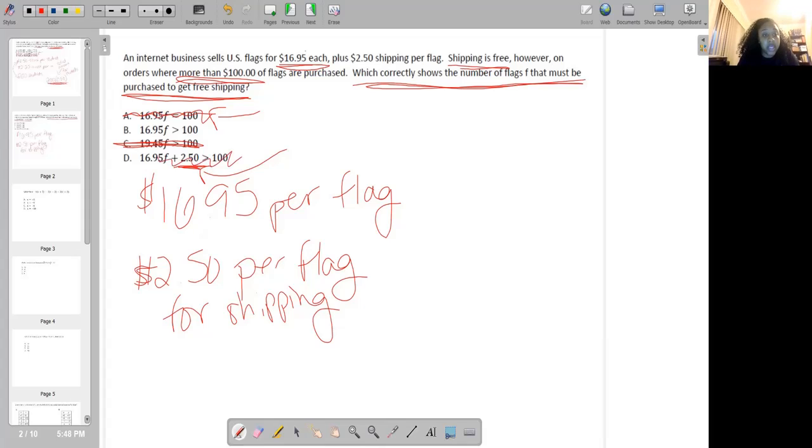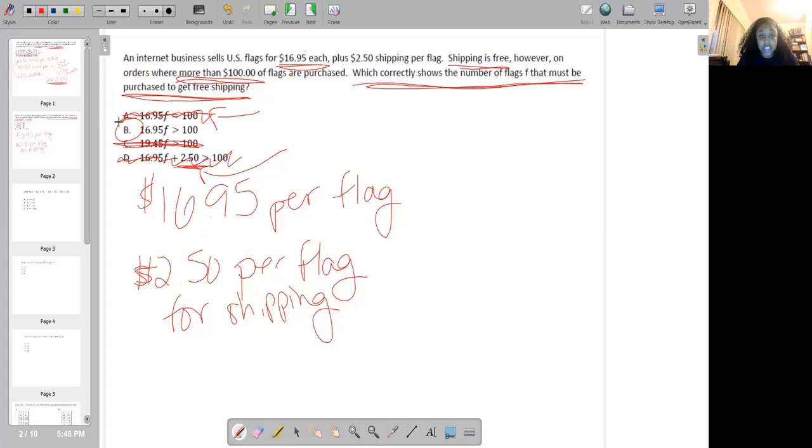So from there, we can eliminate this here. This question is all about making sure you understand what the information you have in the problem means, right? So the only answer it can be now is B, because $16.95 times F is greater than 100.